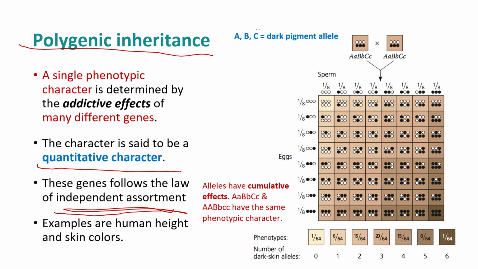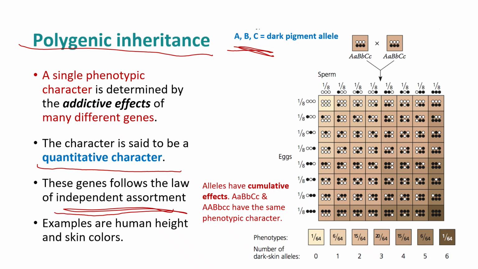A good example that you see here on the right is human skin color. So human skin colors are controlled by 3 different genes. So we have A, B, and C that are all controlling pigment production. Each of these genes comes in 2 allelic forms, dominant, which would produce the pigment, and recessive, which doesn't produce the pigment.